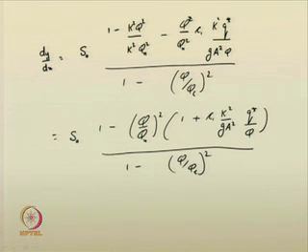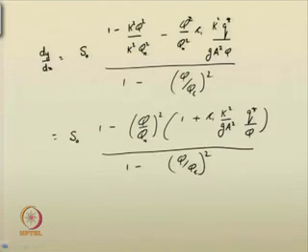So, if you just look back into this expression and if you recall the gradually varied flow dynamic equation, in a similar way some quantity can be decided.